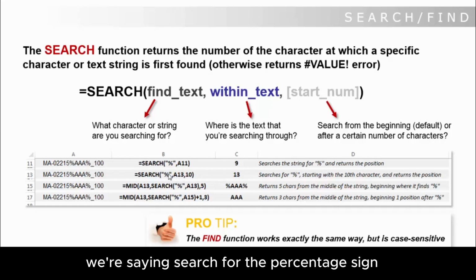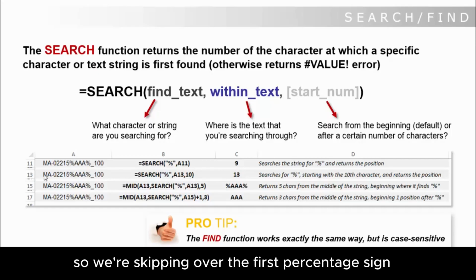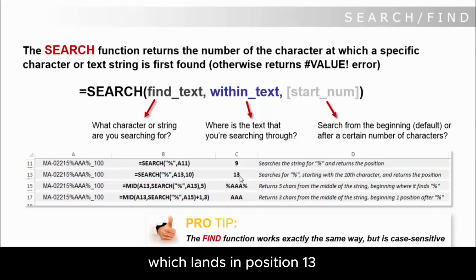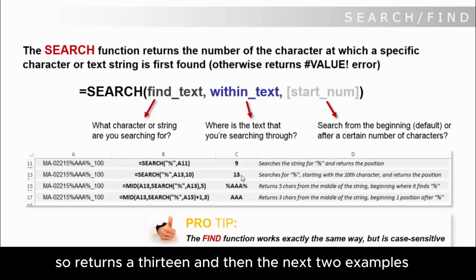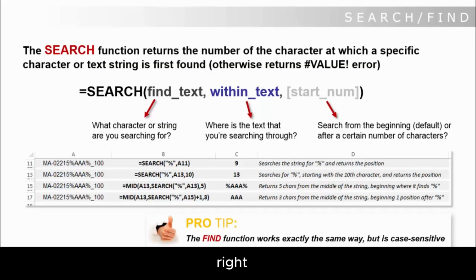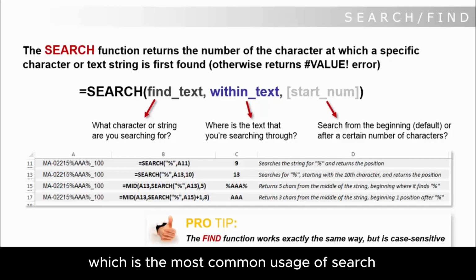We're saying search for the percentage sign within the same text string, but this time start at the 10th character. So we're skipping over the first percentage sign, finding the second instance of the percentage, which lands in position 13, so it returns a 13. And then the next two examples start to show you how you can integrate the search function with others like left, mid, right to add that dynamic element that I was referring to, which is the most common usage of search.